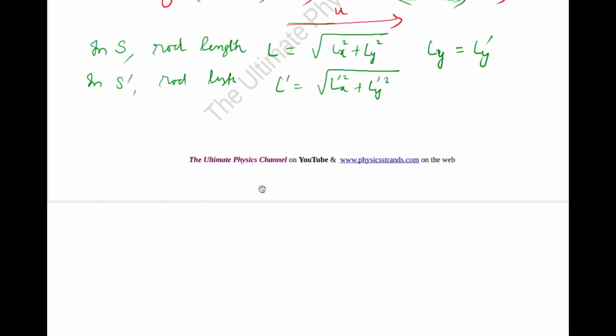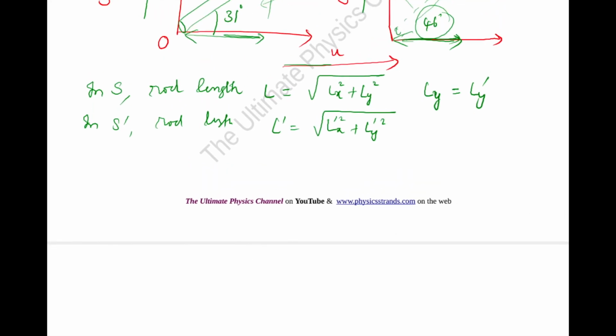So what we can say is, therefore, the length contraction occurs along the x direction only. So we can write these equations again.